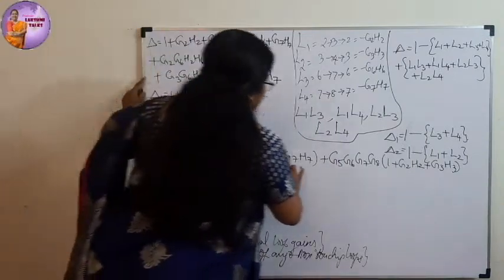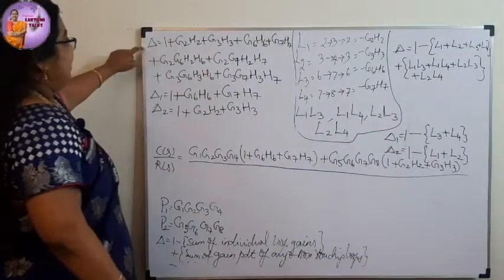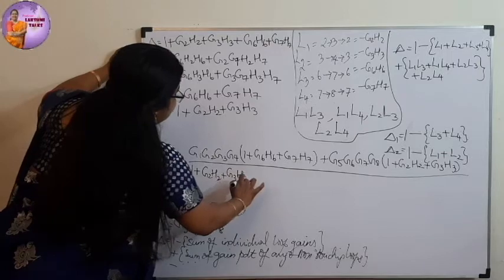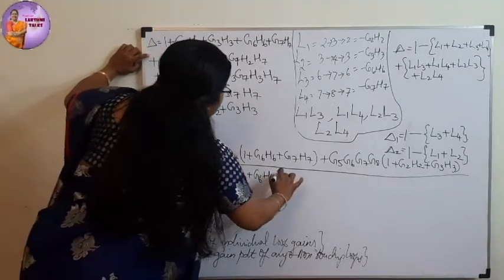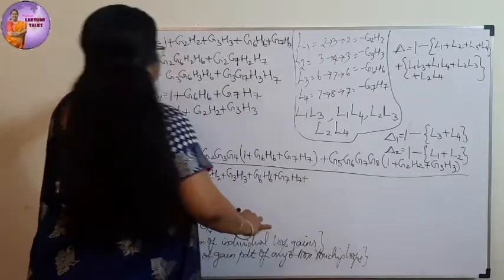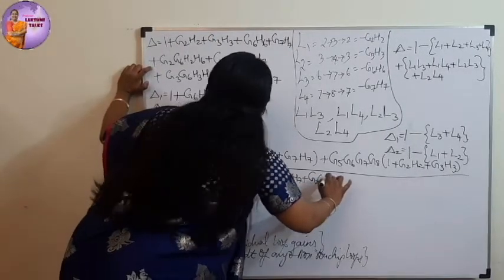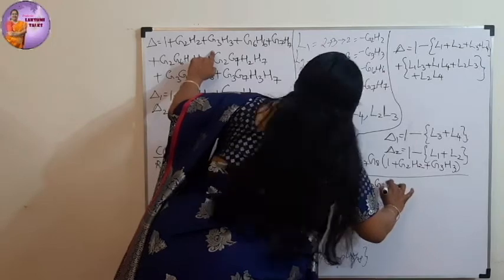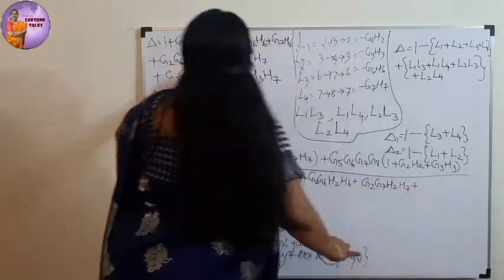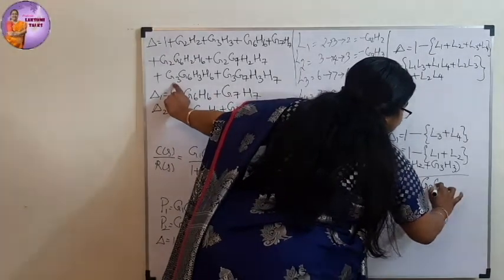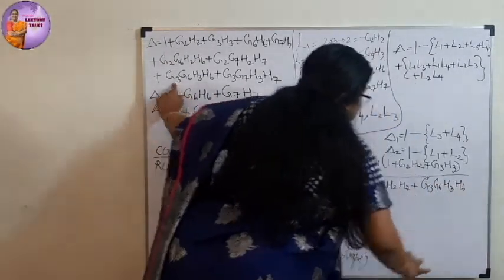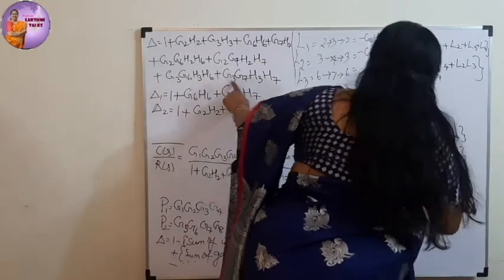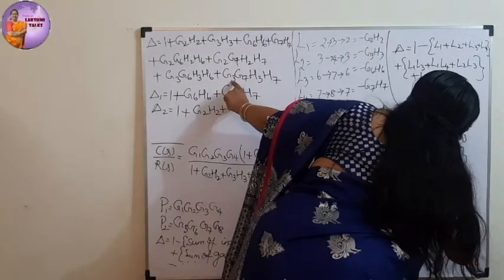Okay. So the whole divided by delta. What is delta? 1 plus G2H2 plus G3H3 plus G6H6 plus G7H7 plus G2G6H2H6 plus G2G7H2H7 plus G3G6H3H6 plus G3G7H3H7.